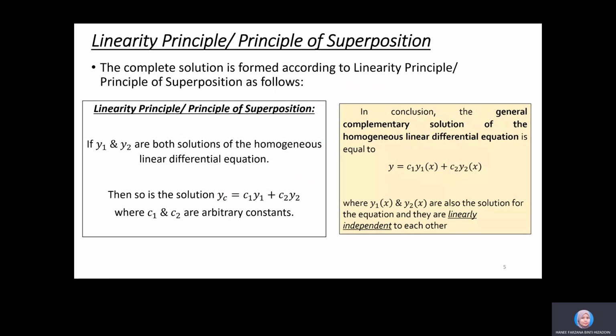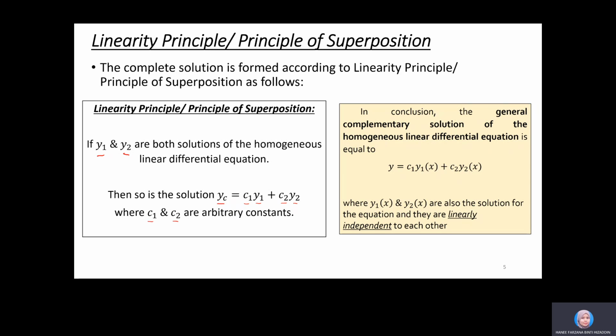Okay, so we want to know what is the linearity principle and principle of superposition. The complete solution is formed according to this linearity principle, or principle of superposition, as follows. If y1 and y2 are both solutions to the homogeneous linear differential equation, then so is the solution yc equals c1y1 plus c2y2, where c1 and c2 are arbitrary constants.